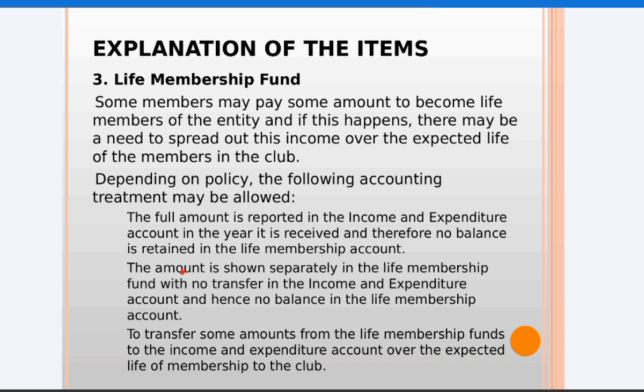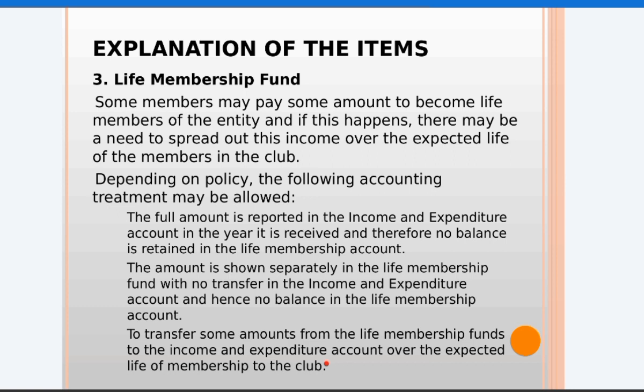In other words, you create a life membership fund and progressively amortize it over the life of the organization, until the life of the club is over. Those are the three ways in which you can treat this money.